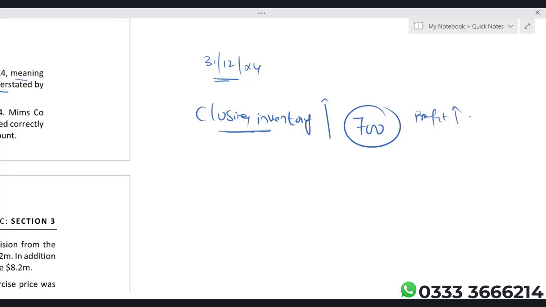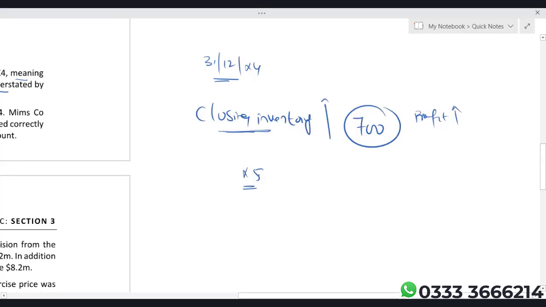So we can say that in X4, not only the closing inventory is overstated by 700, of course, in X4, the closing retained earning is also overstated by 700. And number two, X4 closing retained earning is the opening retained earning of X5.